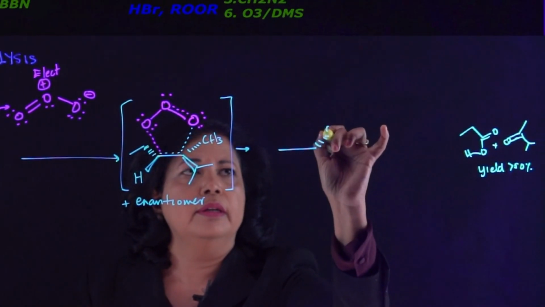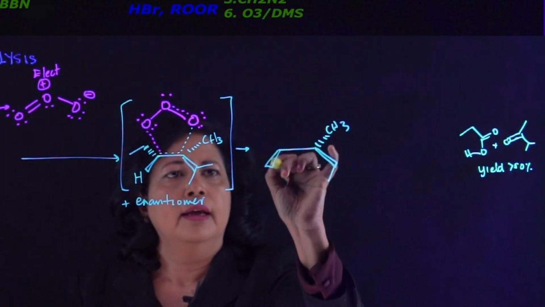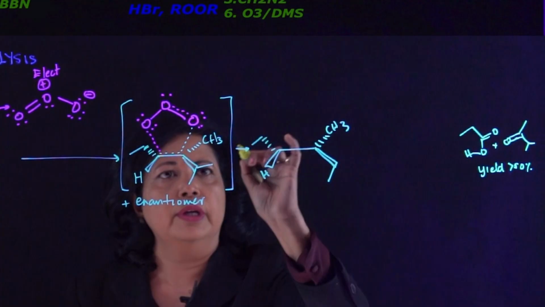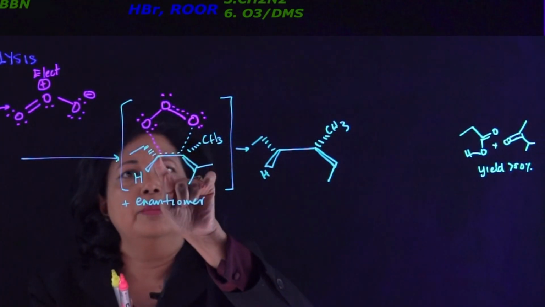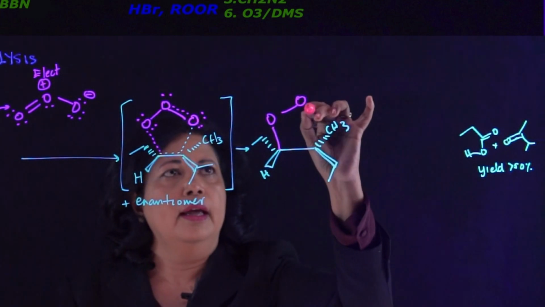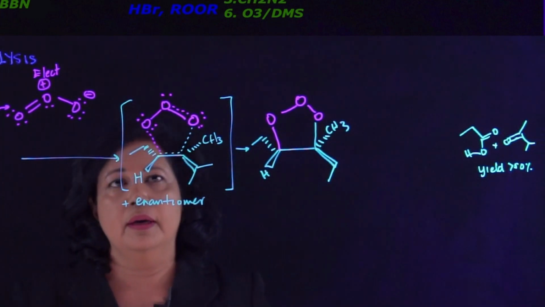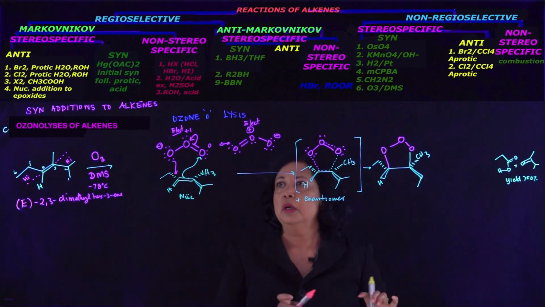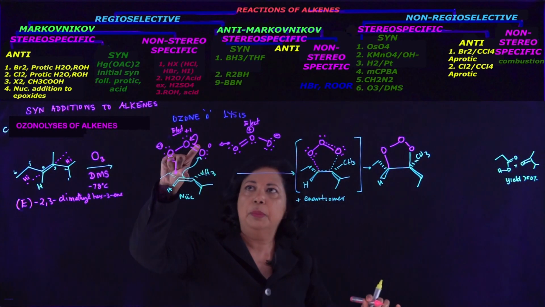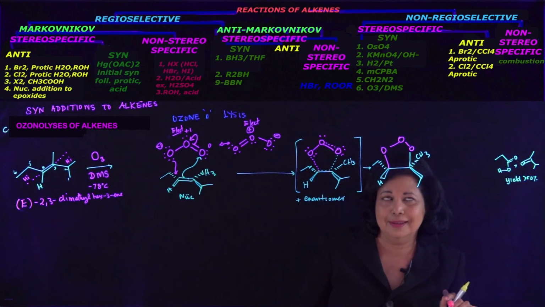These sigma bonds are going to be right here, and you are forming a new sigma bond here, and the pi bond's gone, and a new sigma bond here. So you pretty much broke two of these pi bonds and formed two sigma bonds here.